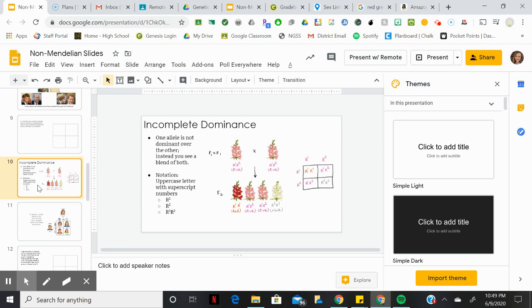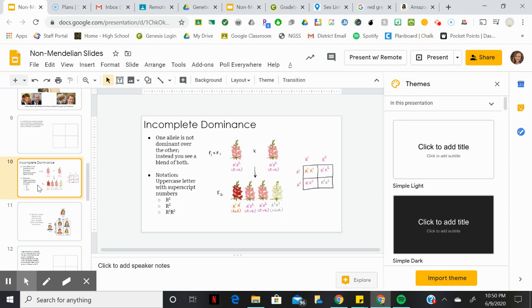So that means that neither red nor white is completely dominant. When the flower is heterozygous, when they have one red allele and one white allele, one doesn't outcompete the other. Instead, you get a blending of the two. So you get pink flowers.